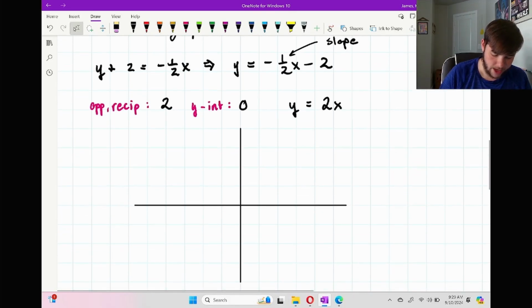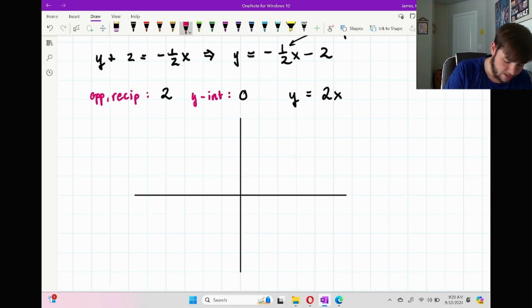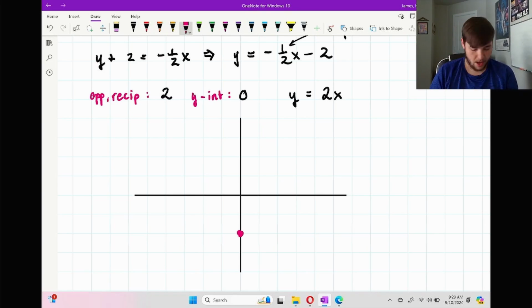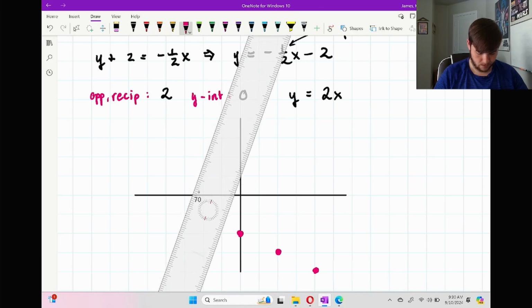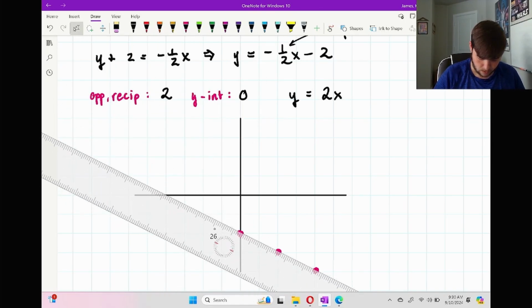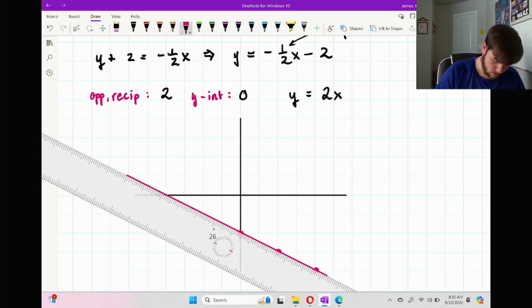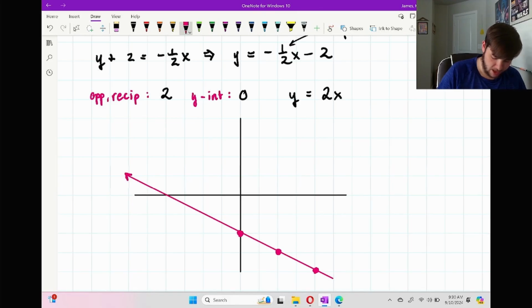My original line has y-intercept -2, slope -1/2. So I'm going to go down 1, run 2, down 1, run 2, and so on. There we go. That's my original line, y equals -1/2 x minus 2.